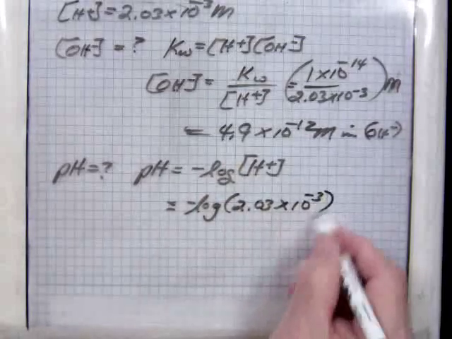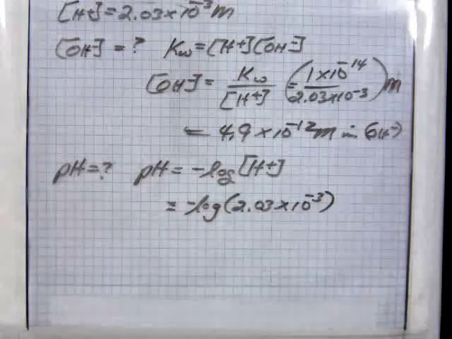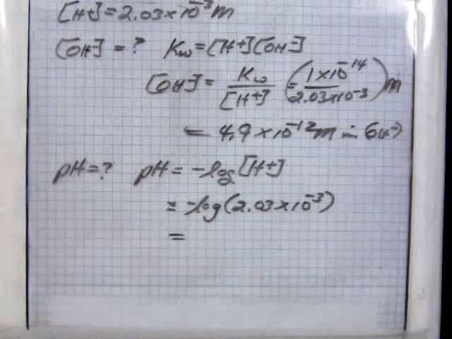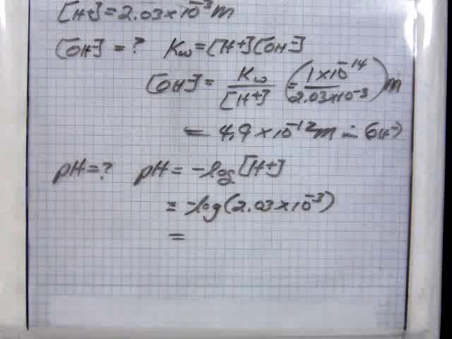You don't even have to put the units in because the pH doesn't have units. It's a log, and I got 2.7.